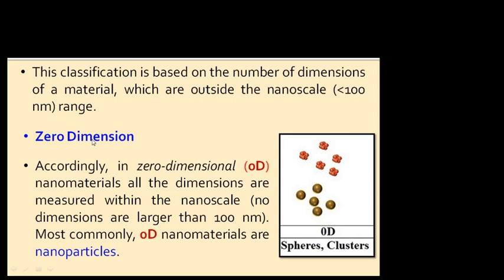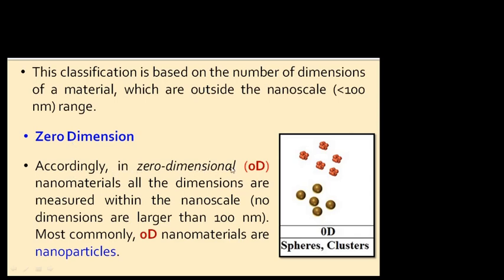Zero dimension means you can touch the particles individually, you can see their individuality, they are easily moved, you are able to handle those particles. It may be a single particle within the range of 1 to 100 nanometer, or a group of particles, but they must be an independent entity. It should be a point-like structure, then it is referred to as zero dimension.